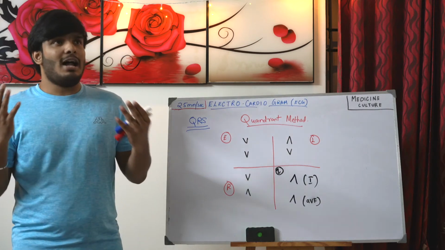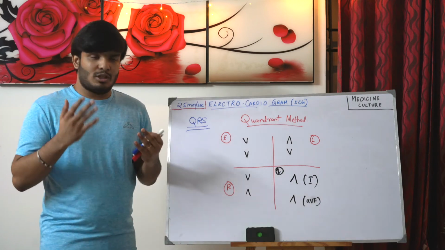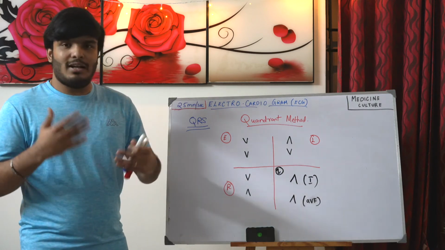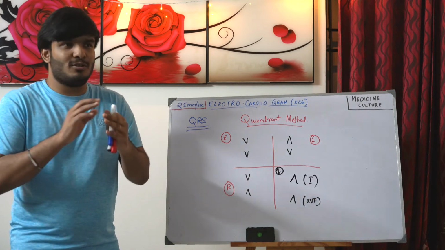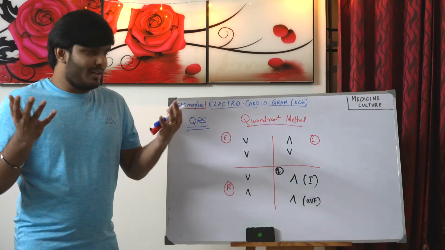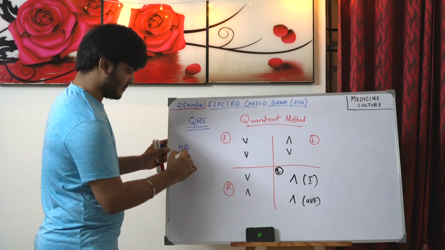And for heart rate, I think you guys would know it: 60 divided by the RR interval multiplied by 0.04. But if you are in a hurry in an examination, you need to find the heart rate very fast, and you are not so good at mathematics, I'll give you a very easy formula to determine heart rate.